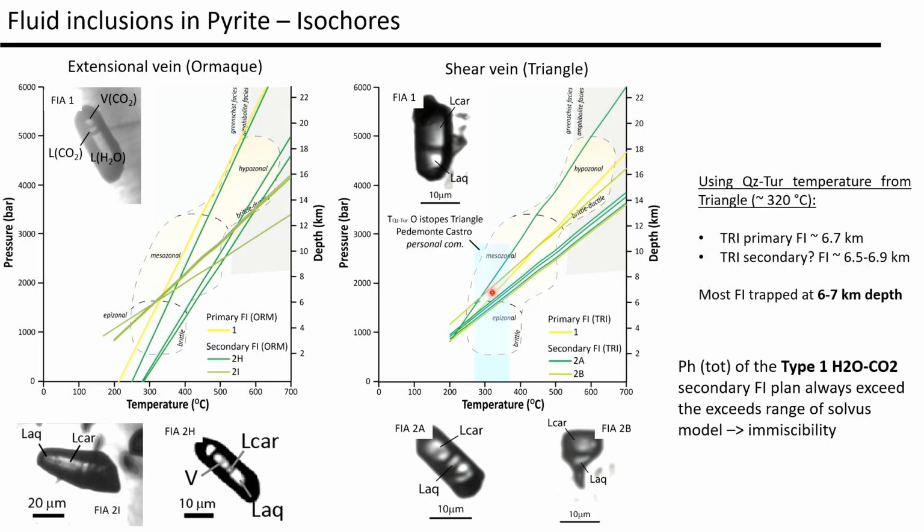So it seems to be coherent with the literature. But I also think it is interesting that the homogenization pressure of the type 1 aqueous carbonic secondary fluid inclusion planes always exceeds the range of the solvus model. So maybe that means that those secondary planes of aqueous fluid inclusions appeared in an immiscible regime.